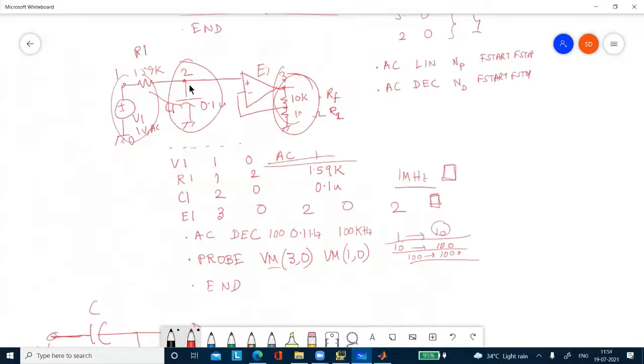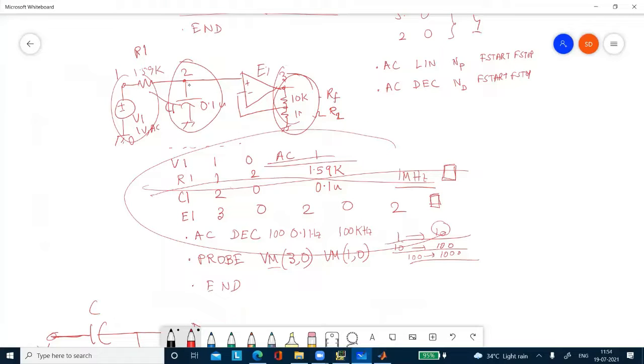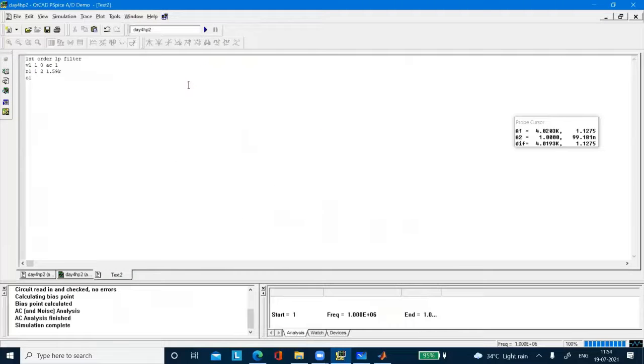Then R1 is 1.59 K. C1 is 0.1 µ. All right.